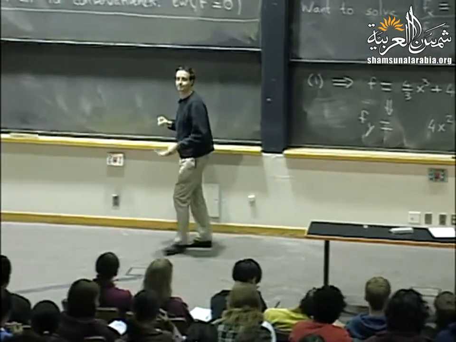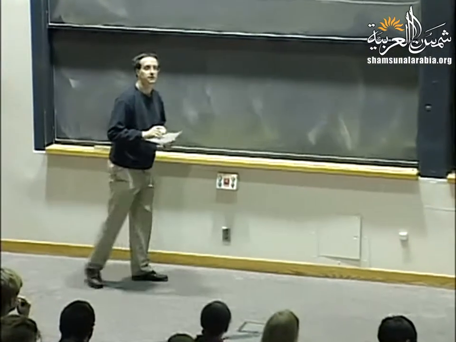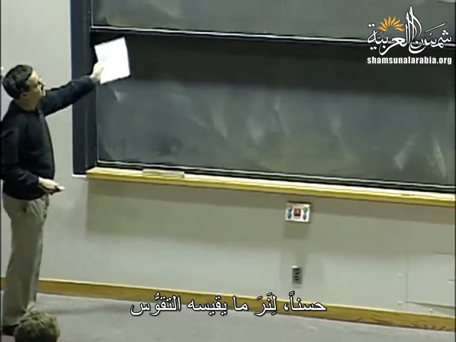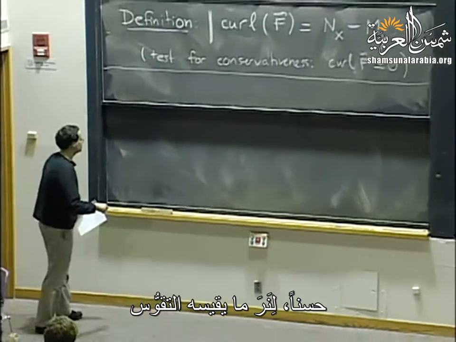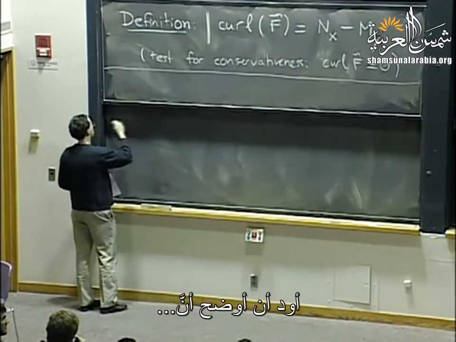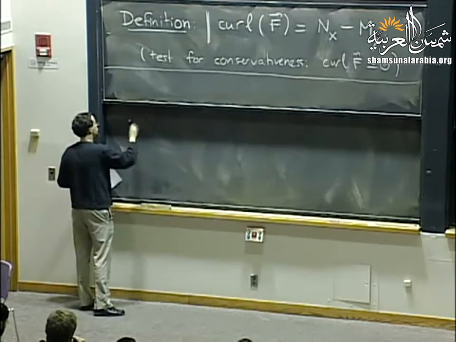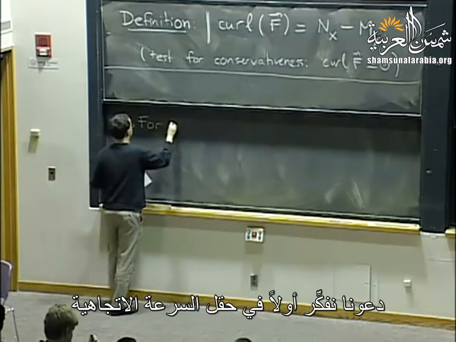Okay, so let's try to see a little bit what the curl measures. I want to claim that, just to give you some intuition, let's first think about a velocity field.